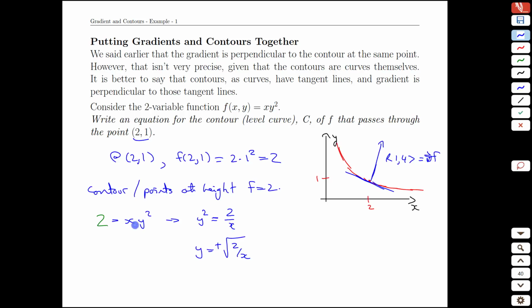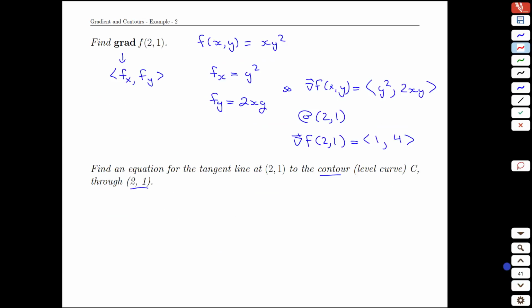Now that formula is a bit awkward to find tangent lines. This is going back to the fall term. We're going to use this formula here and some implicit differentiation, which will be easier to work with than the nasty square root stuff here. So what we have is a curve defined by 2 equals x y squared.